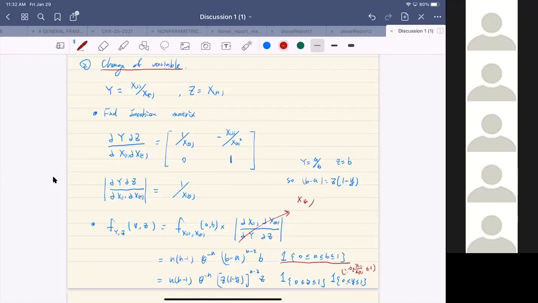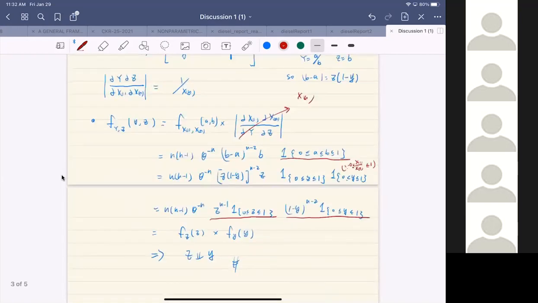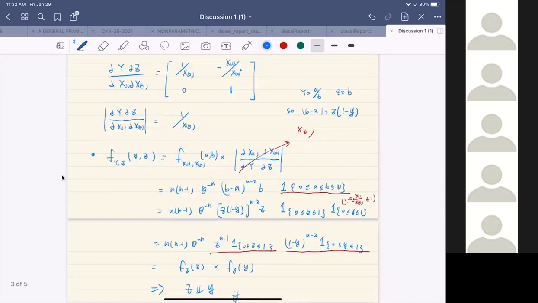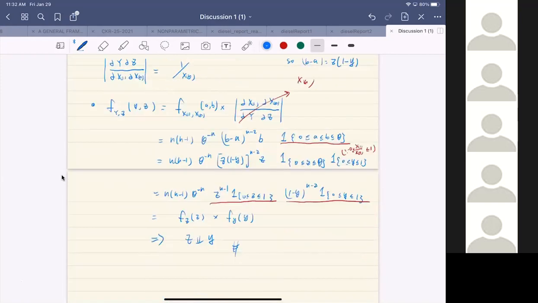Why is that an indicator function? Sorry, it should be theta. My fault. So this is theta. Yeah, thank you very much. Theta, theta.